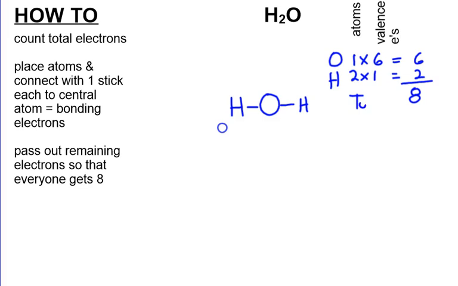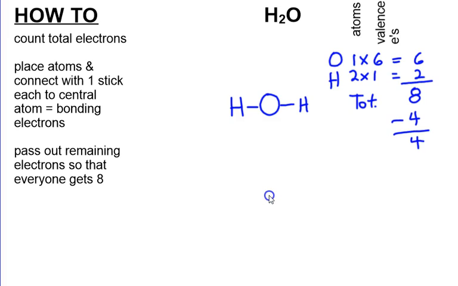And the total is what I was talking about in that first page of notes that we did. So our total's 8. Now, how many have we already put into the Lewis structure? We got 2, 4. 2 here and 2 here. So we're going to subtract those.